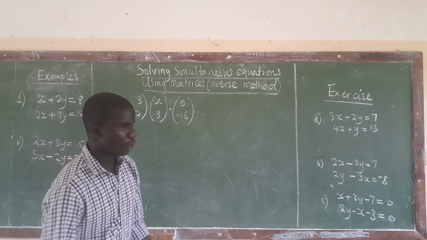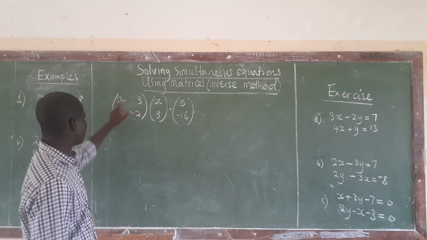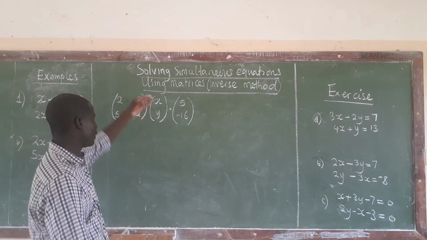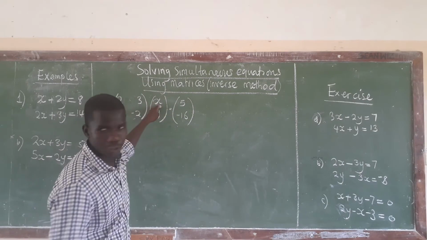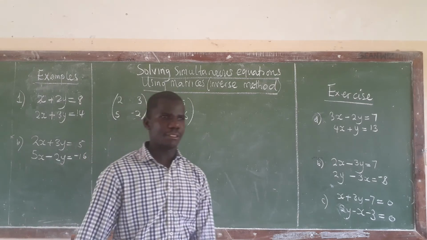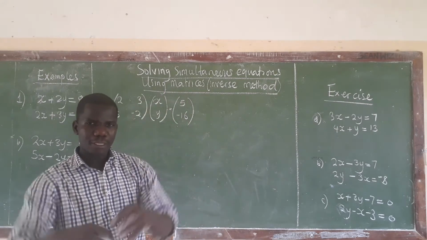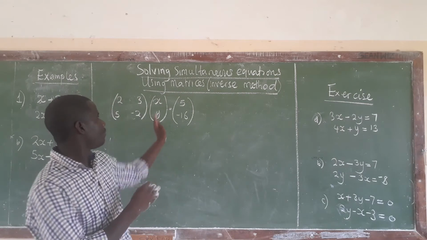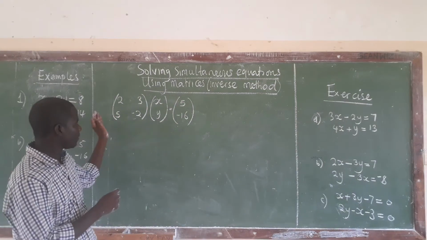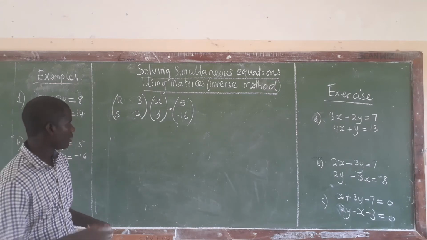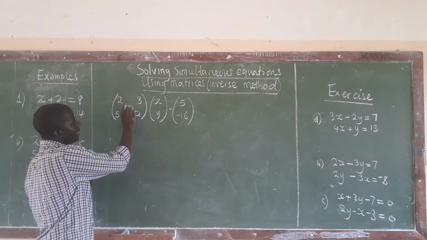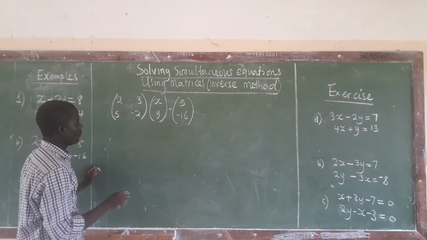Because when we get the inverse of this matrix and multiply it by this one, we get an identity matrix, which, even when we multiply it by this one, we'll still get the same thing. So that is why I say after you've gotten the inverse, you just bring it to the other side, because the identity matrix on this side won't change anything.